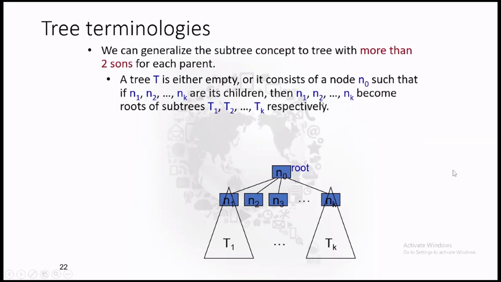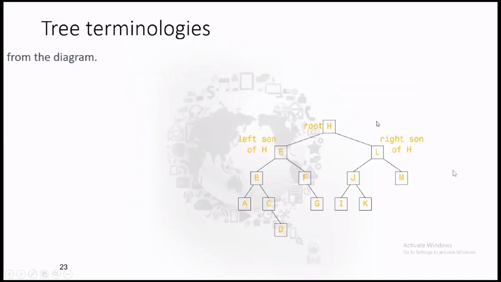Then n1, n2, nk become the roots of subtrees. So n1 is the root of the subtree t1, up until tk. Each of these n1, n2, n3, and nk is the root of its own subtree. So how do you calculate? You calculate by 1 plus t1 plus t2 until tk.